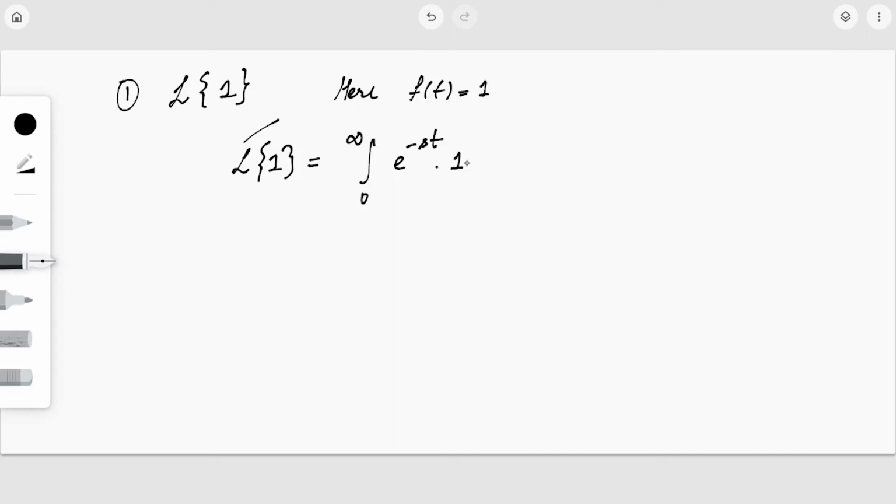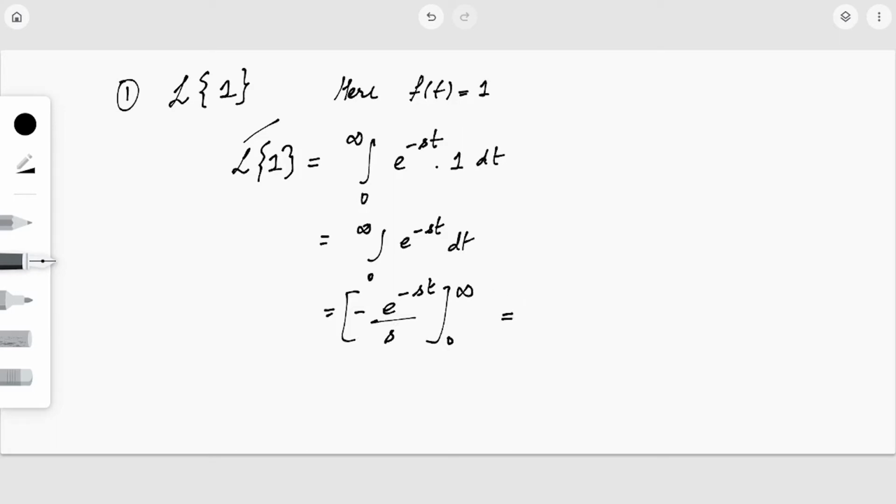So into 1 into dt, that is nothing but the integral from 0 to infinity of e raised to minus st dt. Now what is the integral of e raised to minus st? It will be e raised to minus st by minus s, and the limiting value is from 0 to infinity.